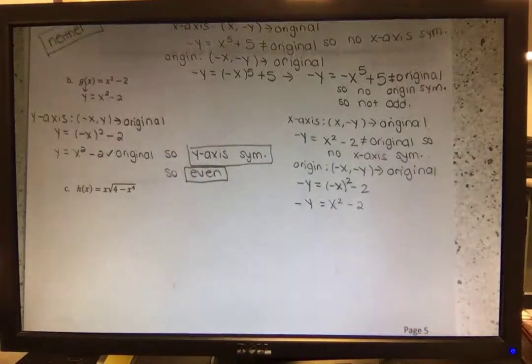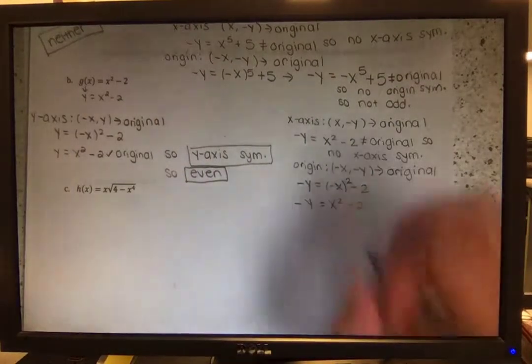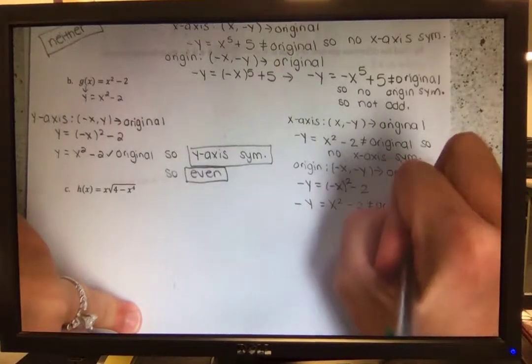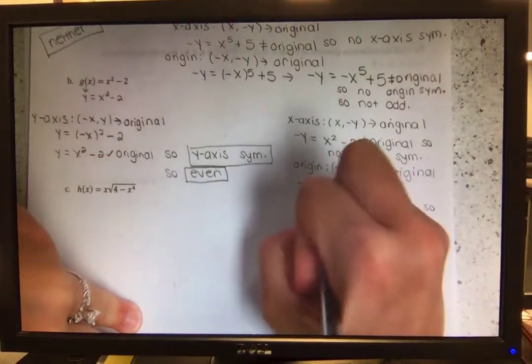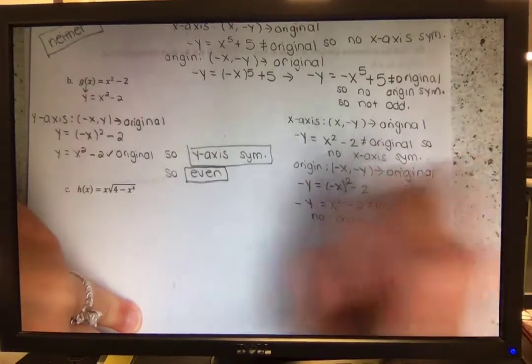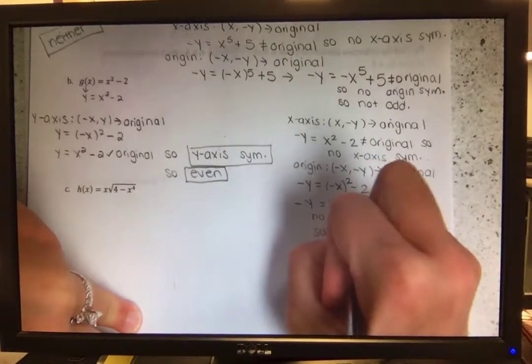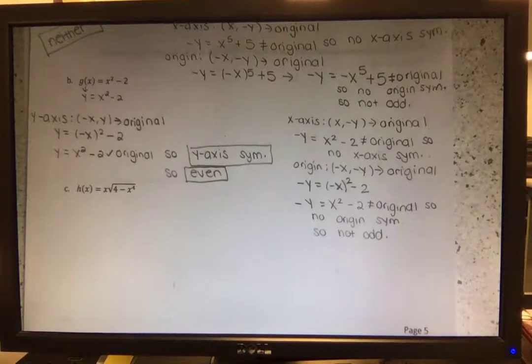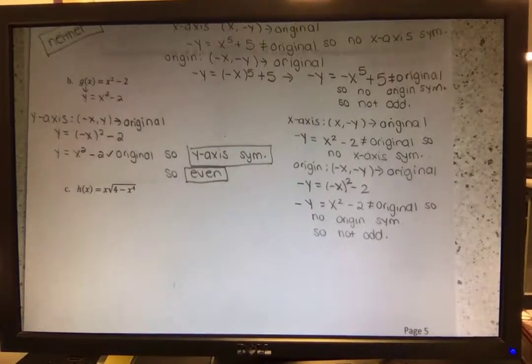So we're left with negative y equals x squared minus 2, which is not the original. So no origin symmetry, so that means it's not odd. So for example B, it had y-axis symmetry and was even.